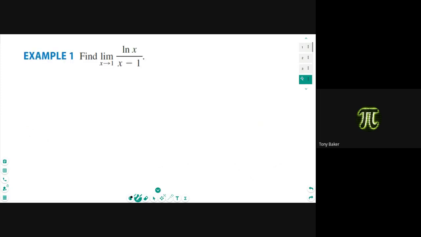All right, so let's look at this one. So we've got ln of x over x minus 1. If I plug 1 into this, as we've shown already, that's going to give me 0 over 0, because ln of 1 is 0 and 1 minus 1 is 0. So it does give me an indeterminate form.